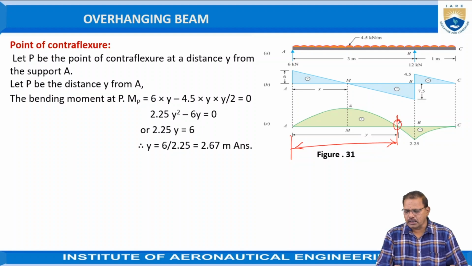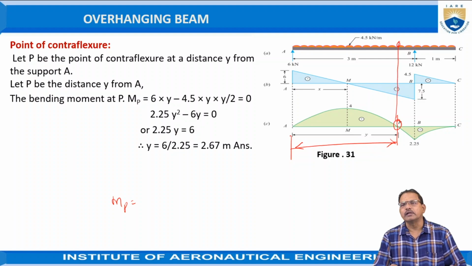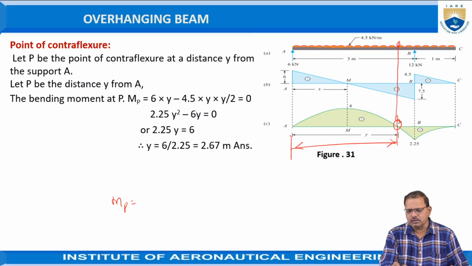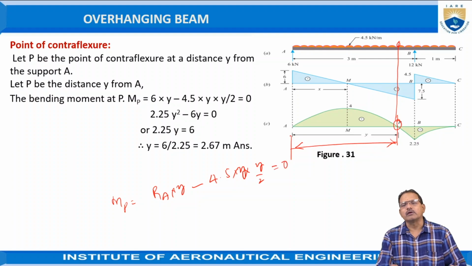Now the bending moment at P, we can take it as MP, is equal to RA into y, which is positive. The load is there, 4.5 kilonewtons, at a distance of y, but it is acting at the middle, y by 2, and it should be equal to 0, as required.